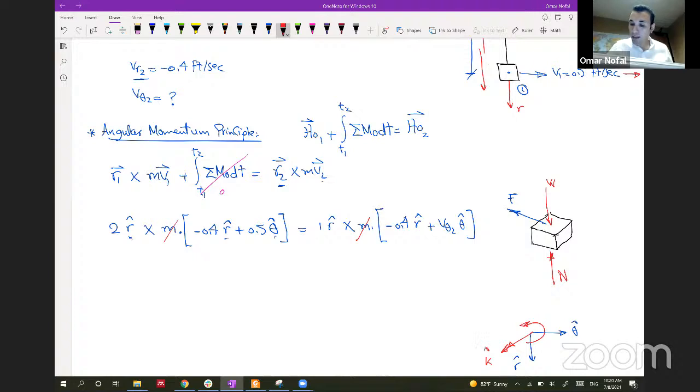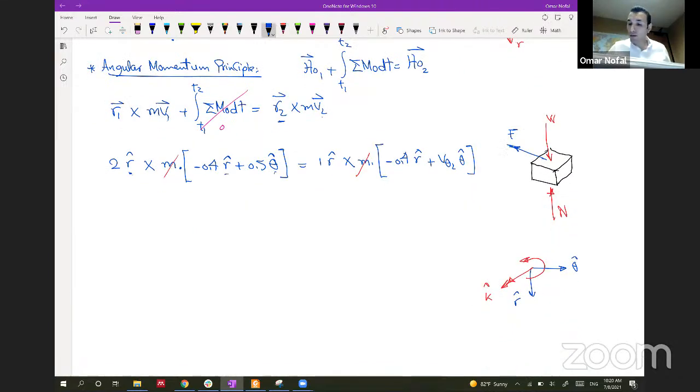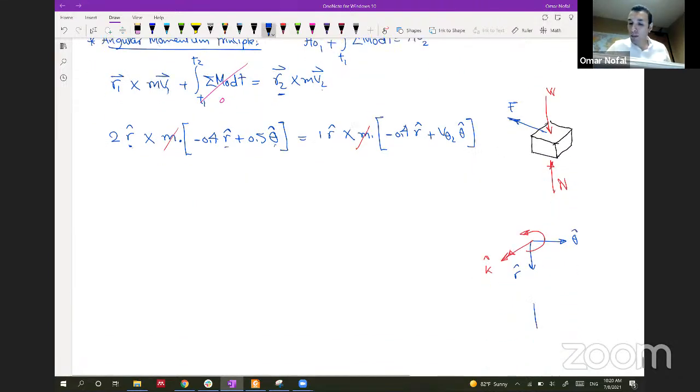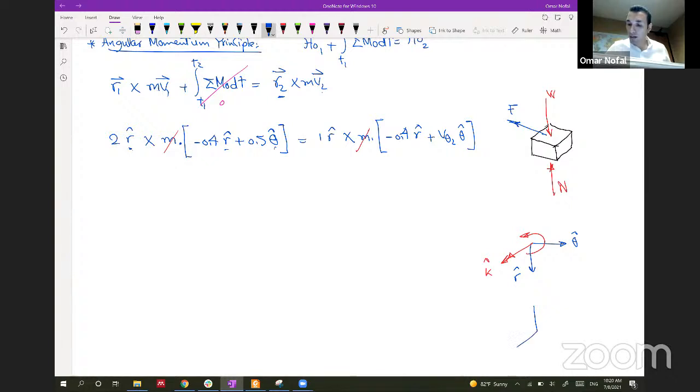So in the plane you have R hat in this direction and theta hat in this direction, and the vertical direction is k hat. When you multiply R by theta, it will give you k hat.